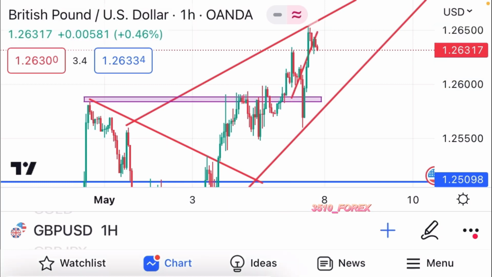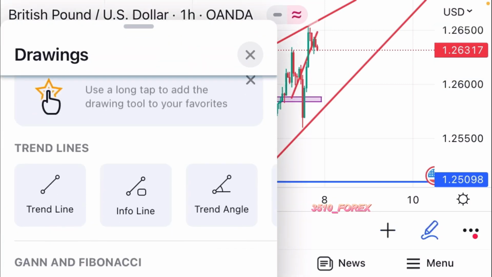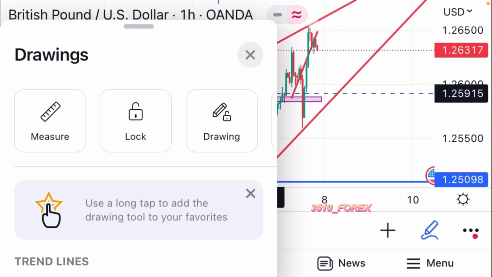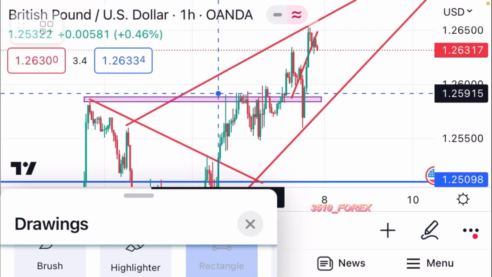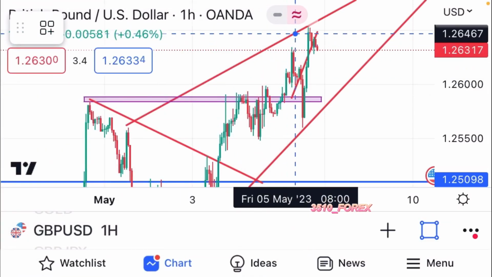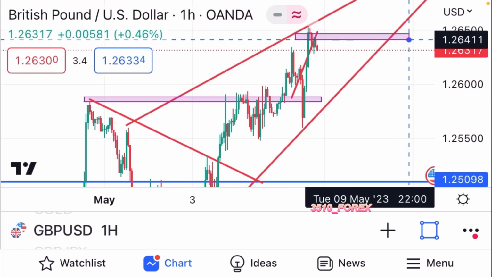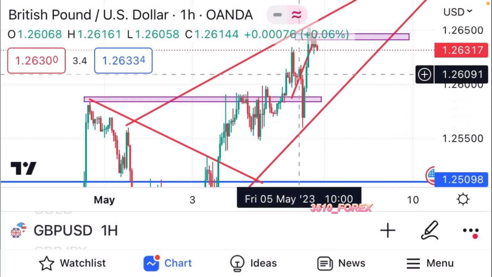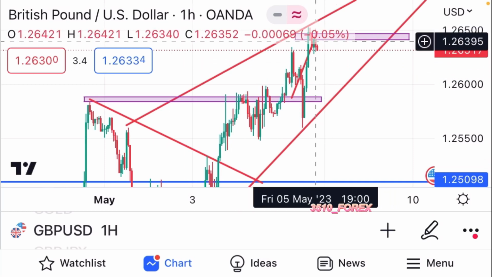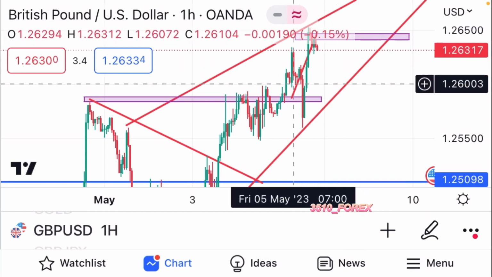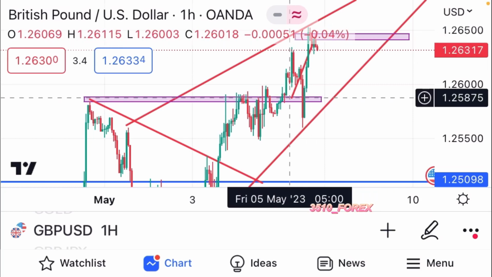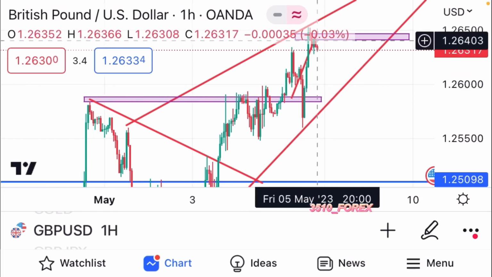So I think the GBPUSD is done forming an uptrend. So it is done forming an uptrend. Maybe if it was around here, I was going to enter and use this price at the end of this trend line as my take profit, but you see from my resistance it is done forming.